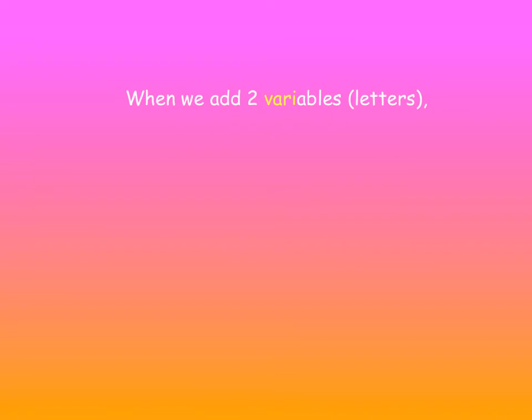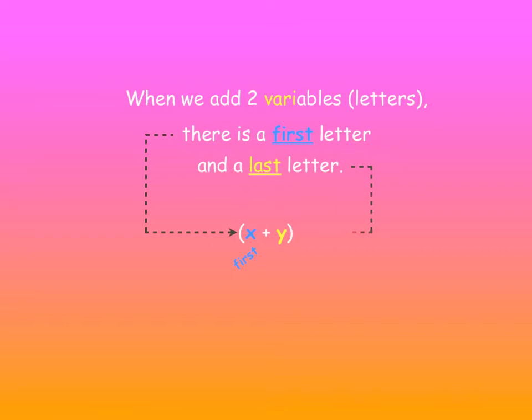When we add two variables, or in other words letters, say x plus y, there's a first letter and a last letter. Again, first is F, last L. We cannot make a picture of x plus y.